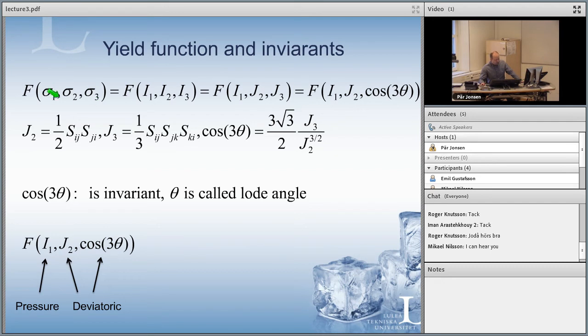This is a full mechanical description of a yield function. Von Mises, you will see later on, will only be dependent on J2. We call it J2 plasticity. So it's only the deviatoric part, so you can simplify it. This is a general description that you see now, a full one that you need for rocks and soil and so on.